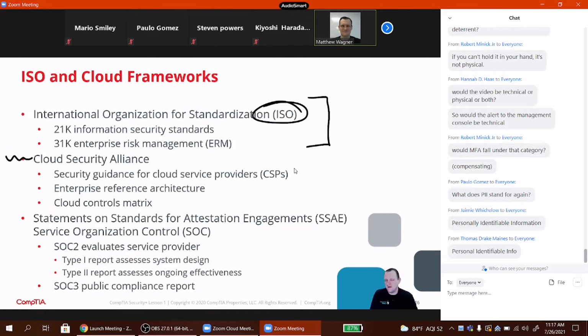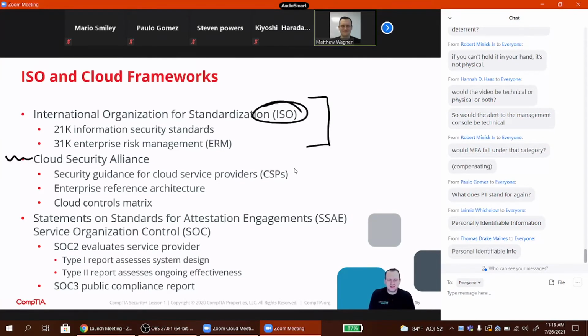This organization puts out all sorts of stuff about protecting the cloud and what to expect of a cloud provider. And if you're using the cloud, not a bad thing to familiarize yourself with, but not a gigantic point of this test anyway.